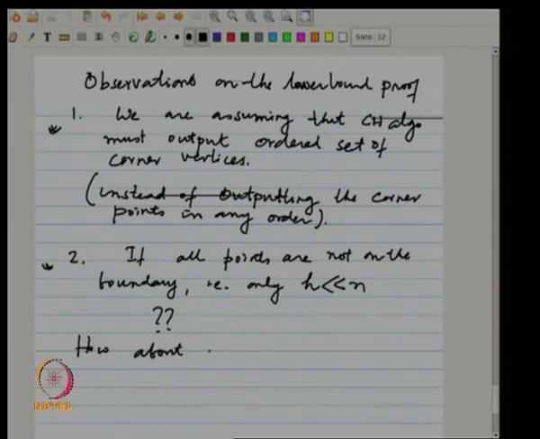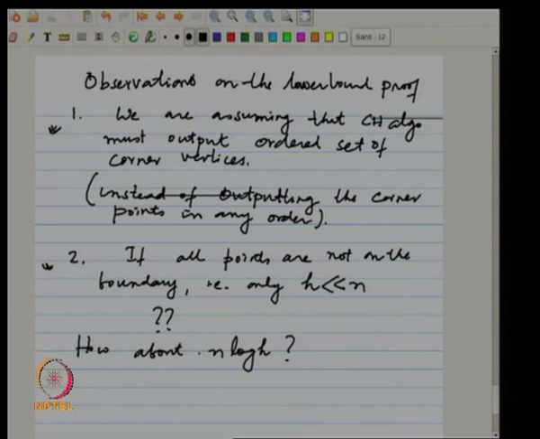So, the question I am raising here is: how about n log h? Can we get an algorithm that works in n log h?